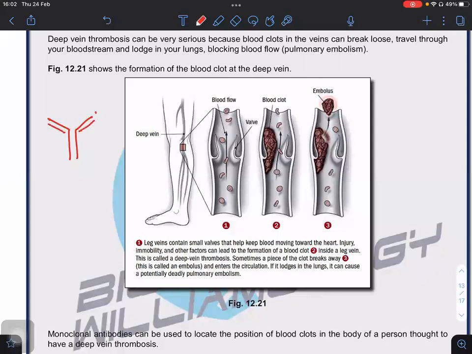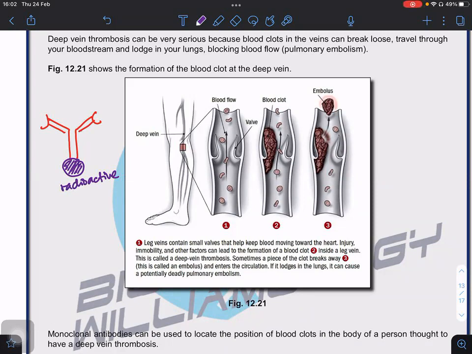This monoclonal antibody, in this case, doesn't carry dye, it carries radioactive substances. Are you clear? Because there is no point giving color for deep vein thrombosis. We also cannot detect it, because the color won't penetrate through your skin. So we use radioactive substances.